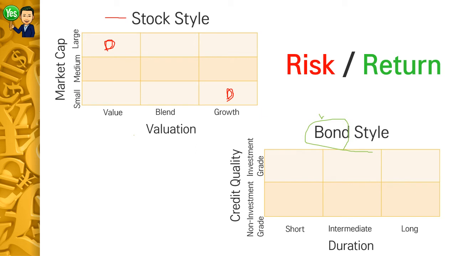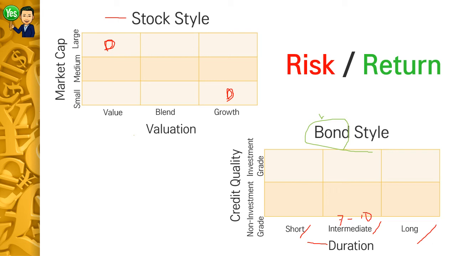In bond style, here is the duration: short term, medium term, long term. Medium term is about 7 to 10 years. Short term is below that, from daily to monthly. Long term means 20 years, 30 years.